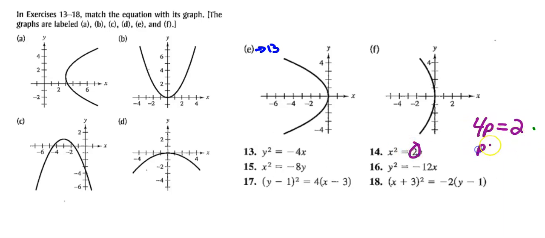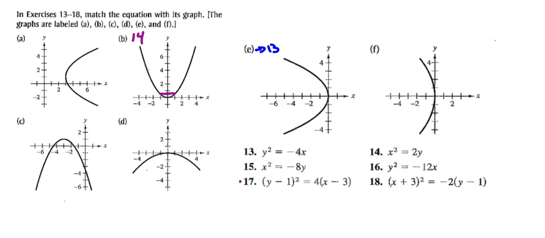So the p-value is 1/2 when you get p by itself there. Divide both sides by 4, p equals 1/2. Now, since it's positive, it must open upwards. That coefficient's positive. So that leads me right down to B, but just to check, if I go up 1/2, there's my focus. The LR should be length 2, which it is. And so this right here is number 14.